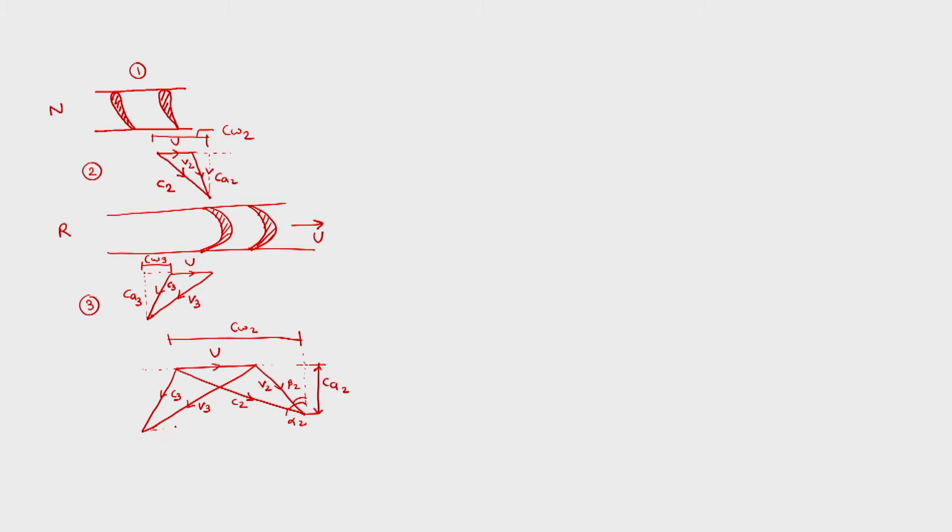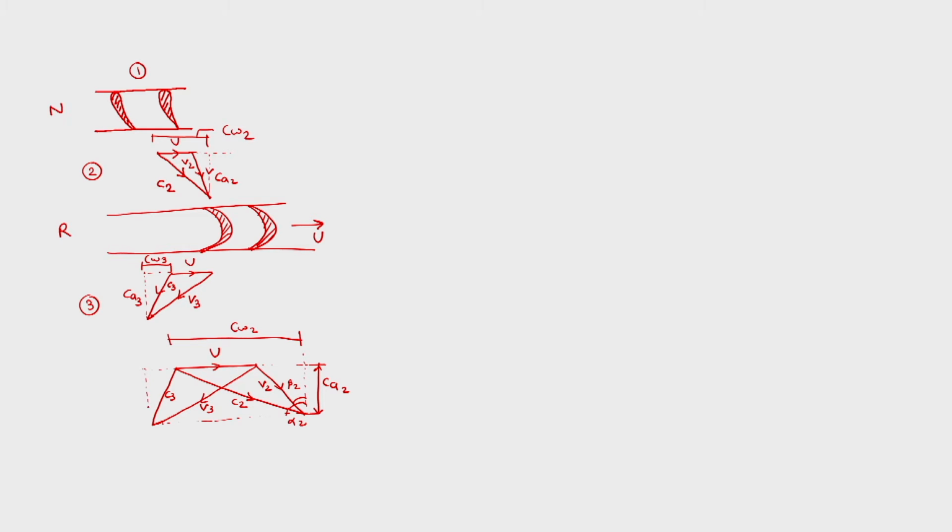So we should have the height of the turbine blade triangle the same at the inlet and at the outlet, since we expect the flow to be going in the same axial direction with the same velocity. So this is V3 and this is C3.